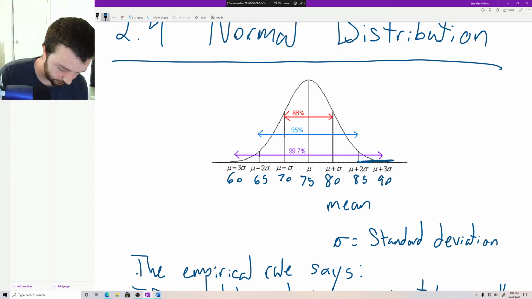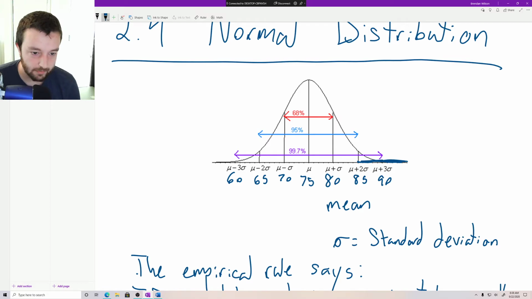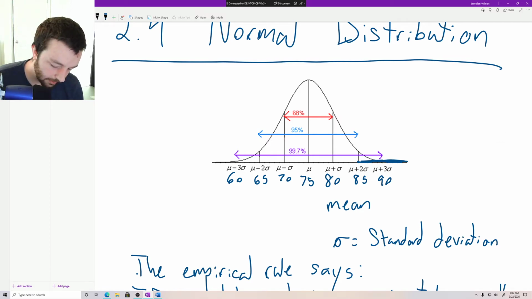Okay. So what do we know? Well, we know where 95 and 99.7 are, right? This is where 95 of the data is, between these parts.